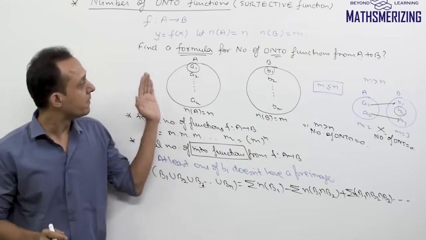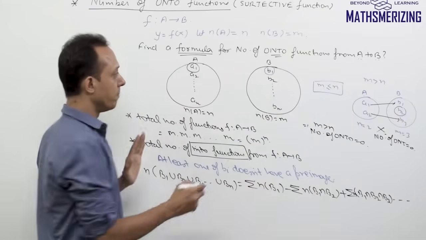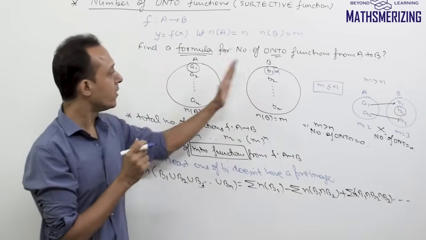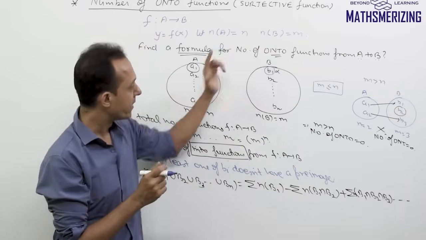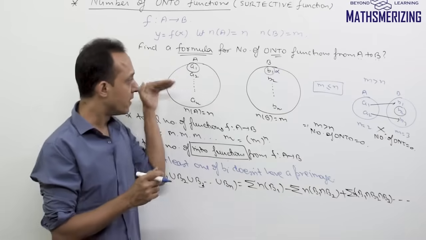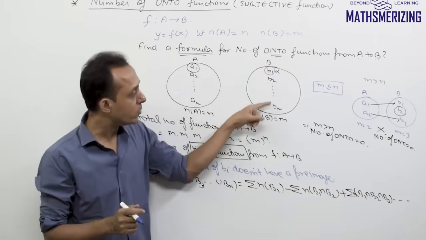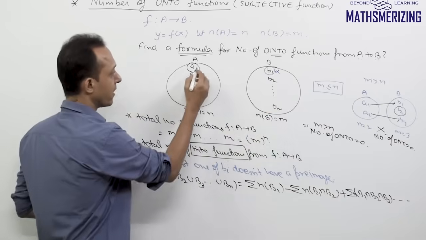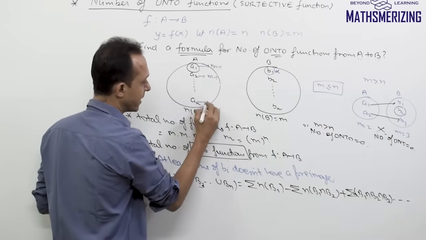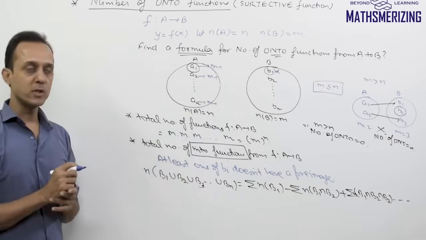Now how many functions can be defined from A to B so that B1 doesn't have a pre-image? That is, how many functions can be defined from A to B so that B1 doesn't appear in the range. So each of these elements A1, A2 and An must find an image from B2 to Bm. So for A1, we have m-1 choices. For A2 again, I'll have m-1 choices. And for An again, I'll have m-1 choices.